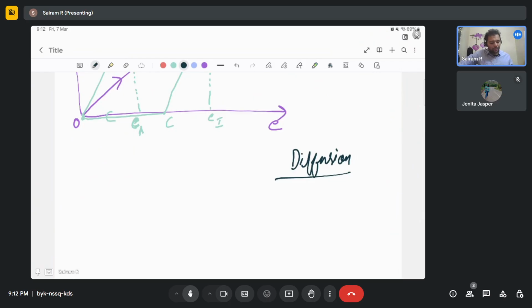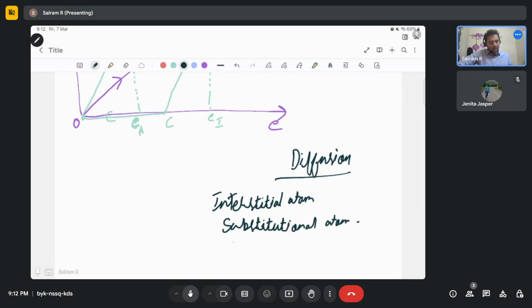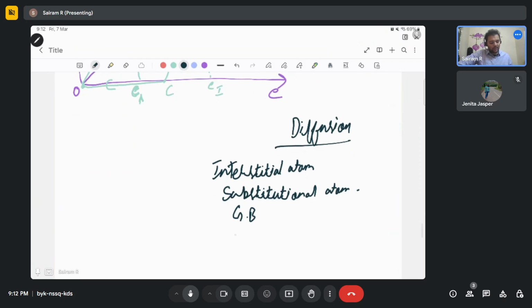For this to happen, there should be some sort of diffusion, like interstitial atoms should move, or substitutional atoms should move, or grain boundaries should move, or dislocations should move. Any of these should occur for the overall process to take place.